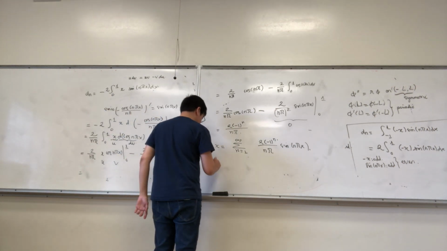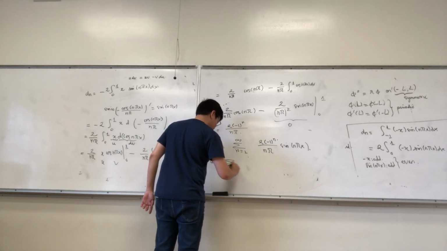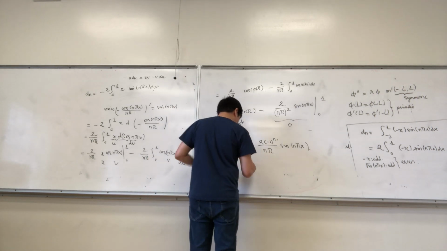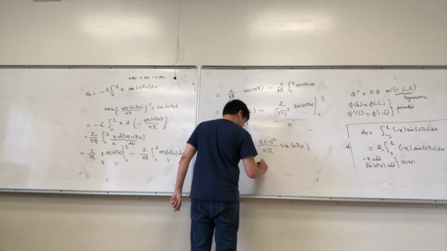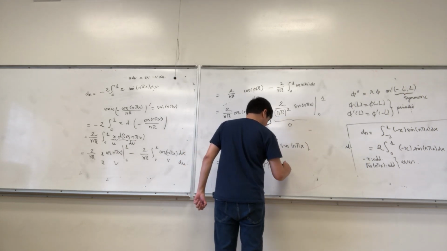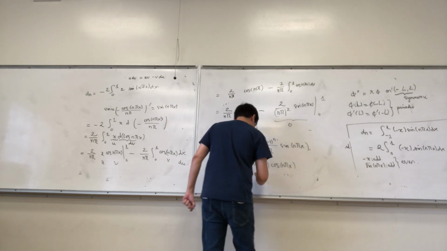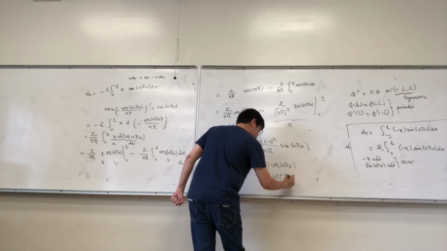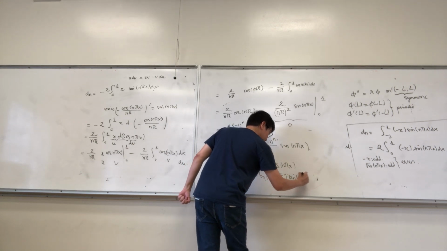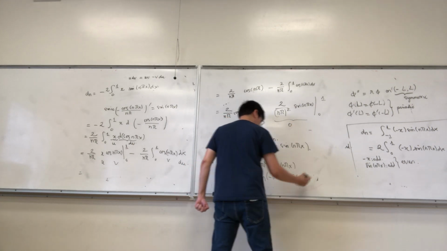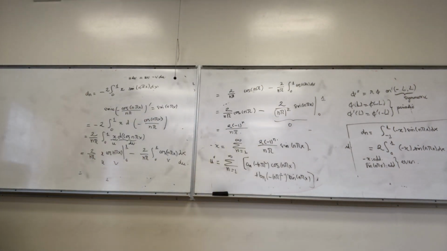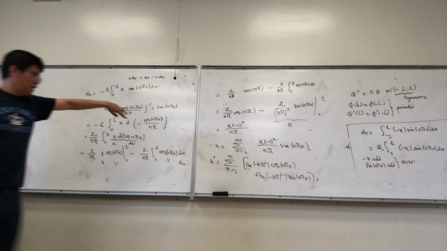And you know that u second will be the sum when n goes from 1 to infinity of an times minus n pi squared cosine n pi x plus bn times minus n pi squared sine of n pi x. So this is what we computed before.